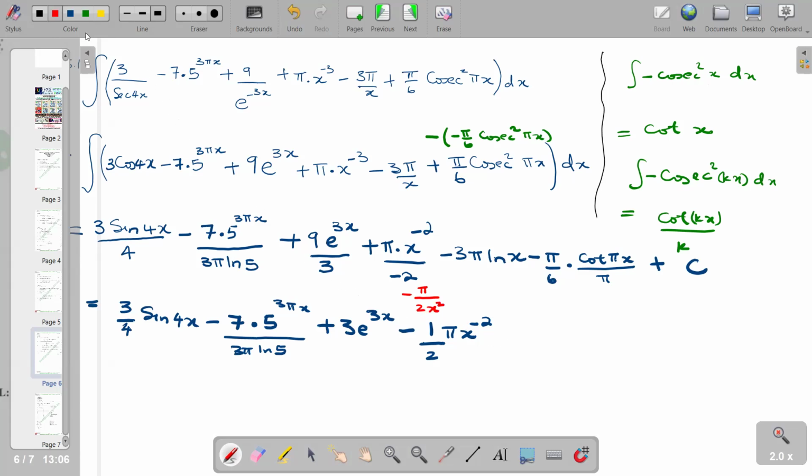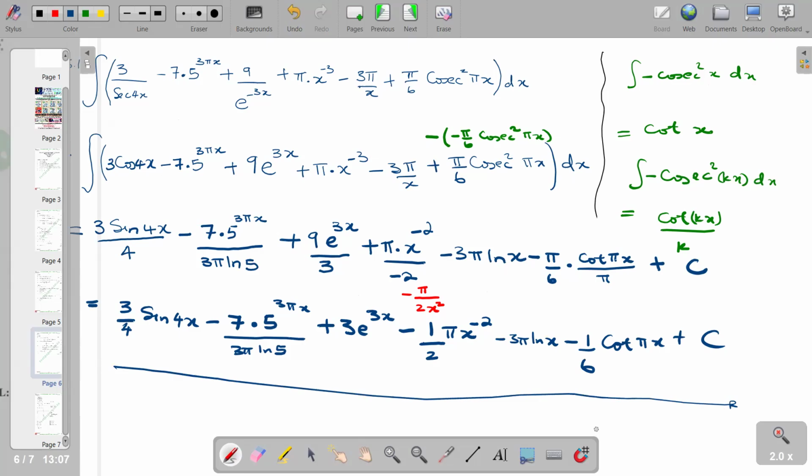Then going to the next term, it's going to be minus 3 pi ln x. Then the pi and the pi will cancel out, so we'll be left with minus 1 over 6 cot pi x plus the arbitrary constant. So this becomes the integral. Then we go to the next question.